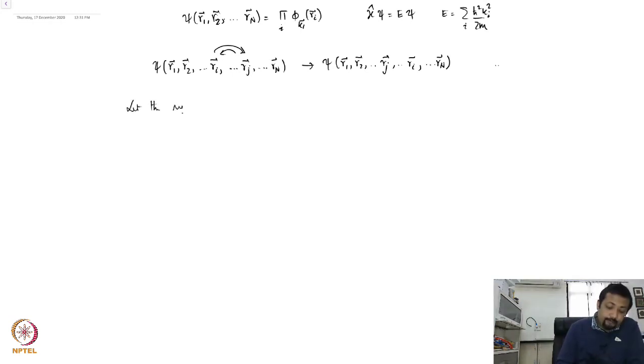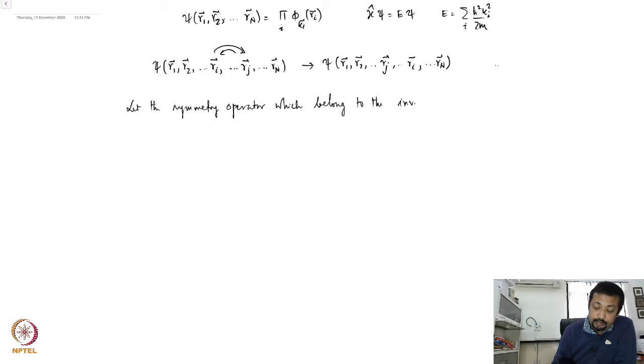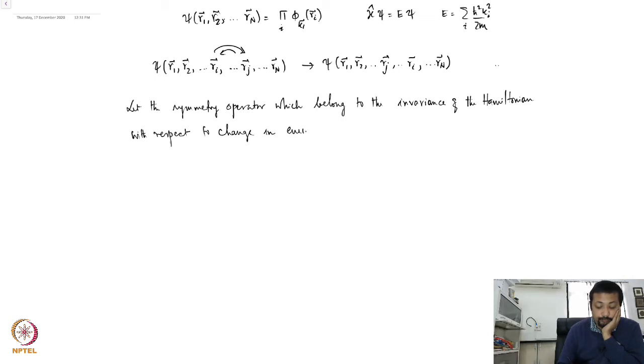So let the symmetry operator, which commutes with the Hamiltonian and essentially belongs to the invariance of the Hamiltonian with respect to change in enumeration of particle indices, be P̂_ij.